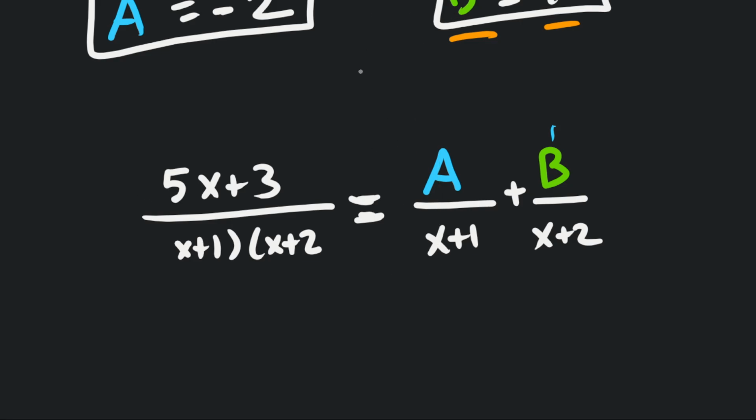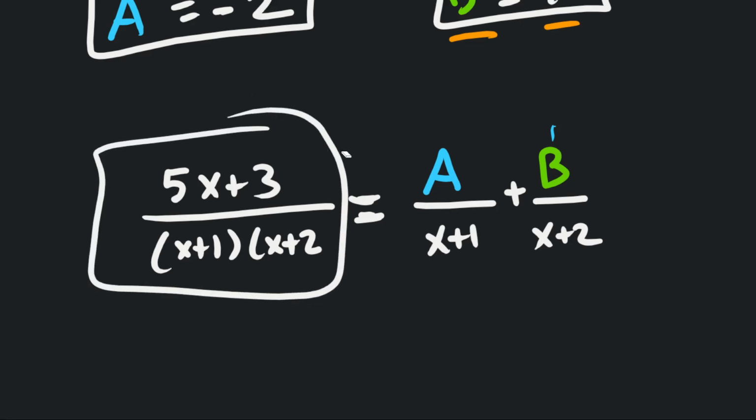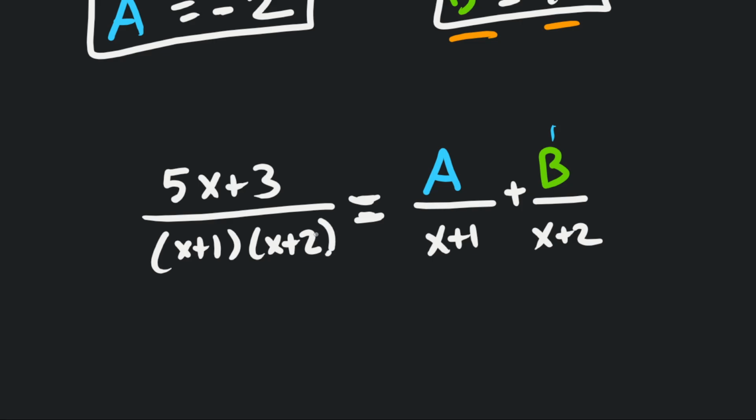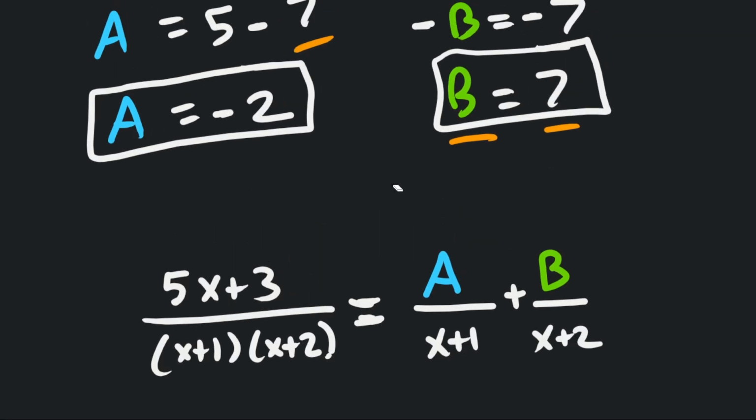We started with this fraction right here, 5x plus 3 over x plus 1 times x plus 2, and we wanted to decompose it into a over x plus 1 plus b over x plus 2. Well, we know a equals negative 2, so we are just going to replace this a with negative 2, and we know b is 7, so we'll just replace this b with 7.